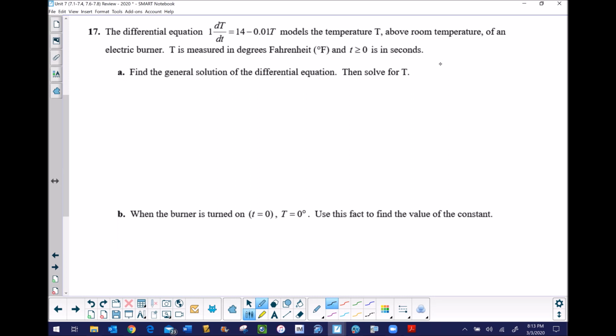Well, what Newton's law says is that the rate of change of the temperature of the body with respect to time is directly proportional to the temperature of the body minus the surrounding ambient temperature, which I told you was 70 degrees, right?